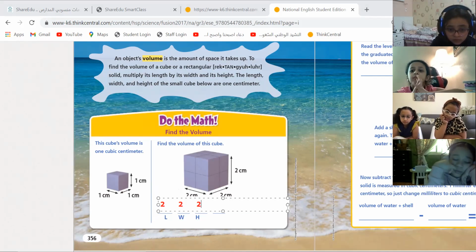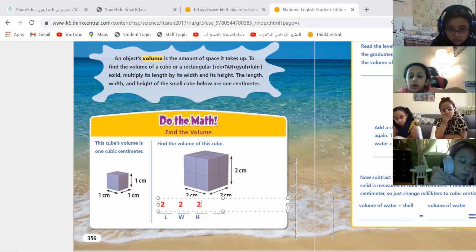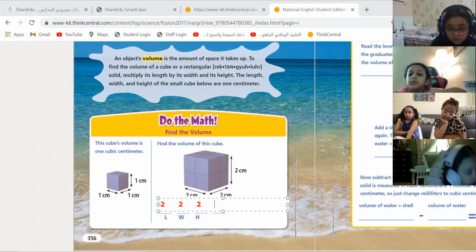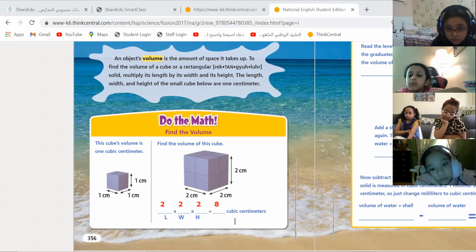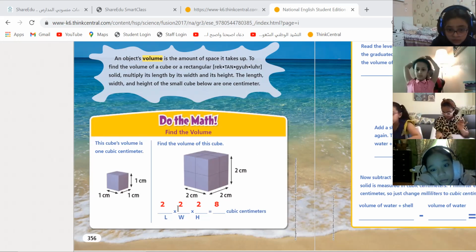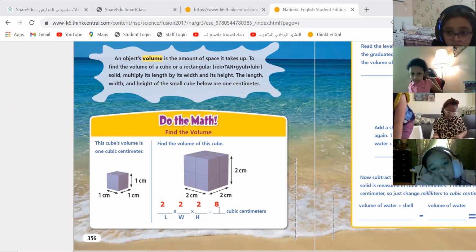So 2 multiplied by 2 equals 4. 4 multiplied by 2 equals 8. So 8 cubic centimeters. How much space does this cube take when you put it on the table? It will take how much?